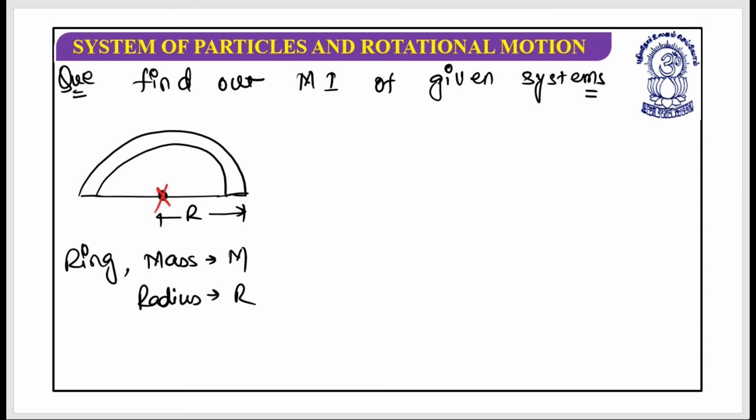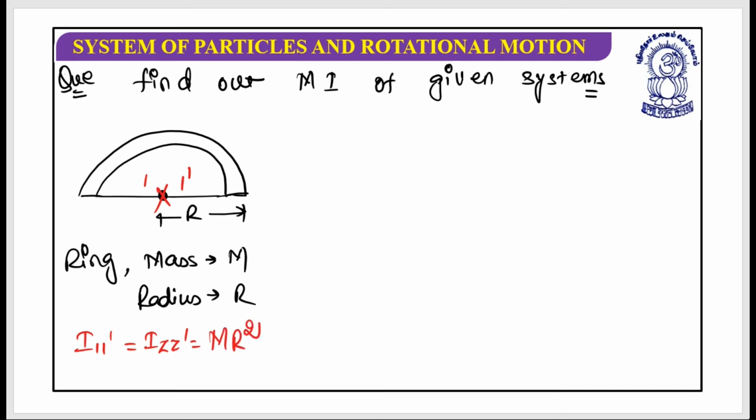What you need to find out is, let's suppose, this I11 dash. I11 dash is an IZZ axis in reality because it is perpendicular to the plane. For a ring, the moment of inertia across the Z axis, which is perpendicular to the plane of the ring, would be just mr square.